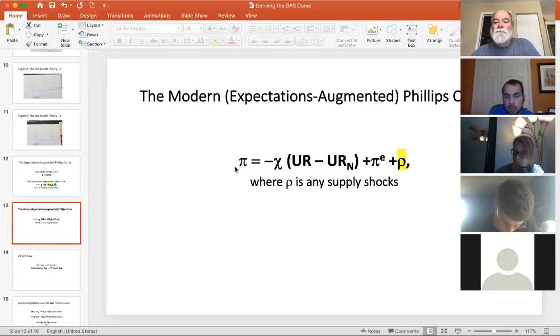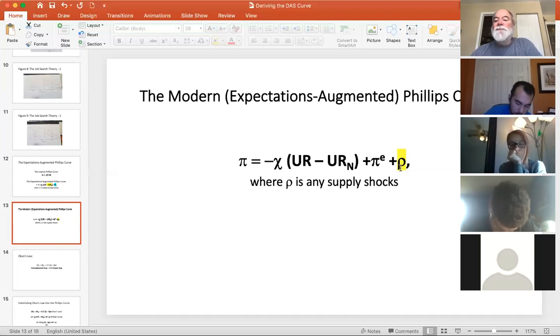Can you explain rho again? Rho is just a number. It could range from -1 to +1. When there's no supply shock, rho has a value of 0, so there's nothing there. But a negative supply shock has a positive rho value. A positive supply shock has a negative rho value.